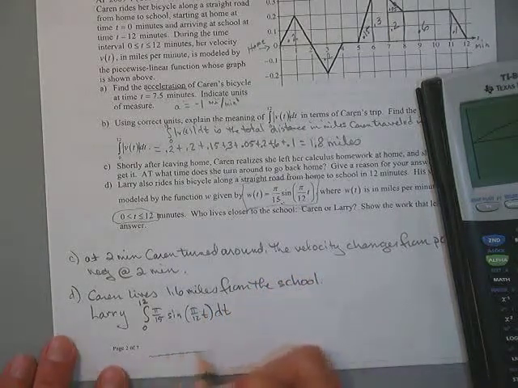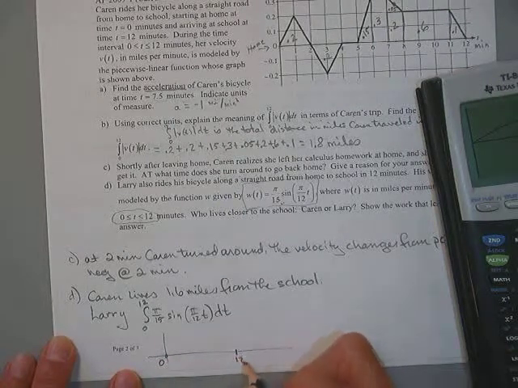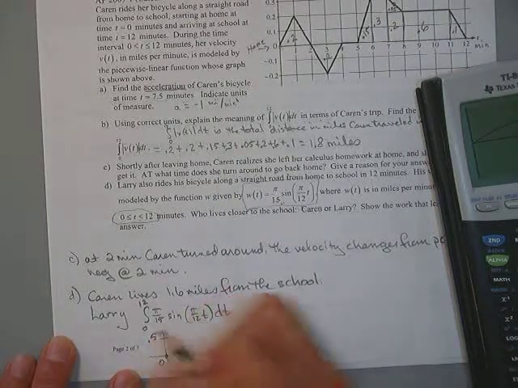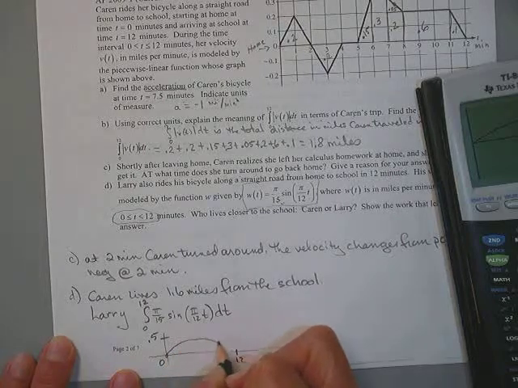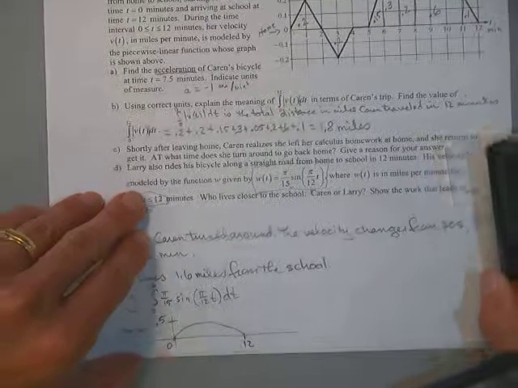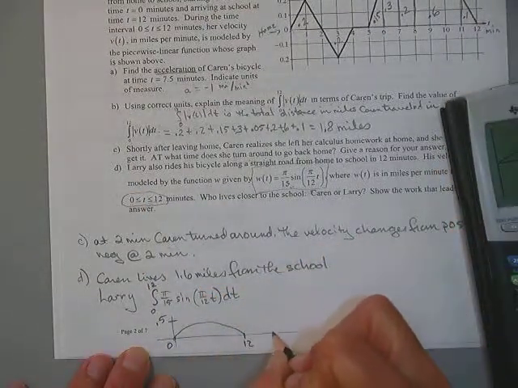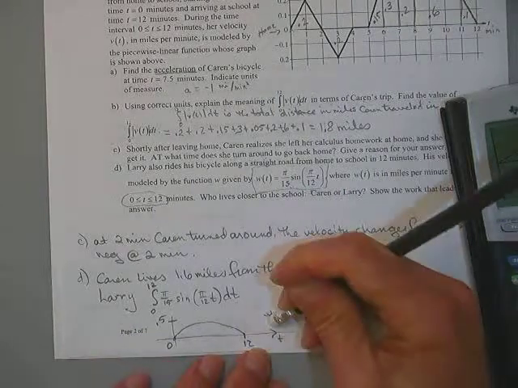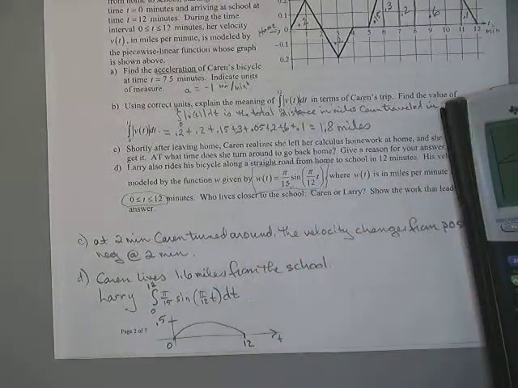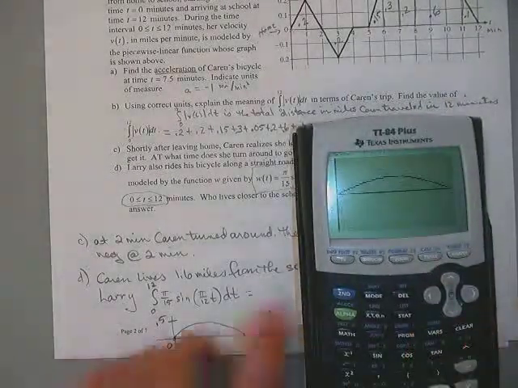It wouldn't hurt, you guys, if you were taking the AP test, it would not hurt in the least bit for you to graph the function for the people to see that you understood what in the world you were doing. Okay? I mean, you could just draw this and that'd be fine. All right.